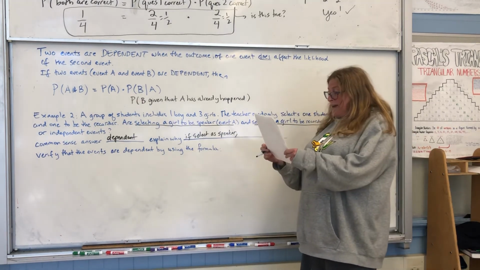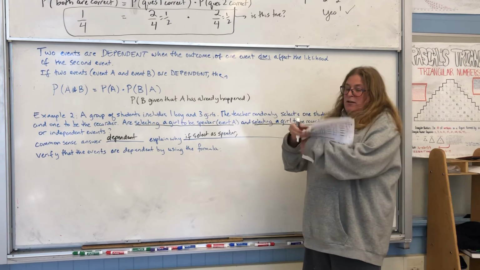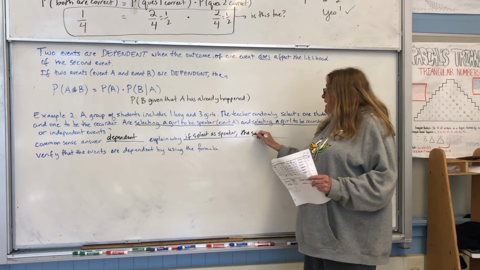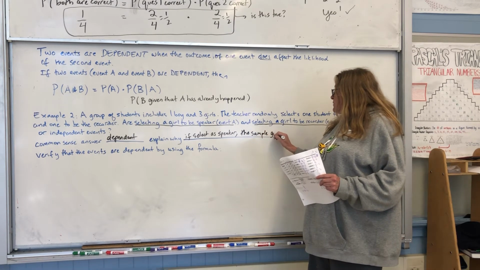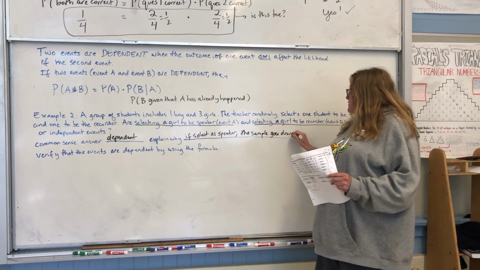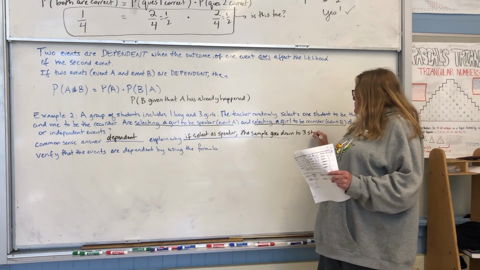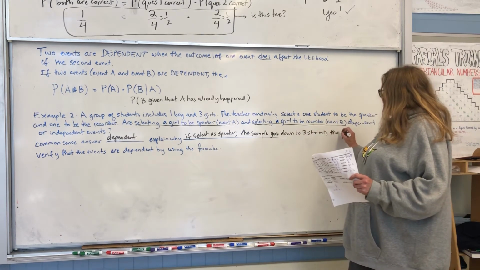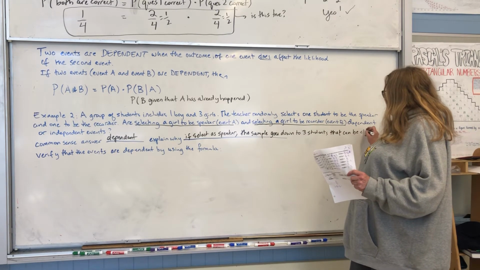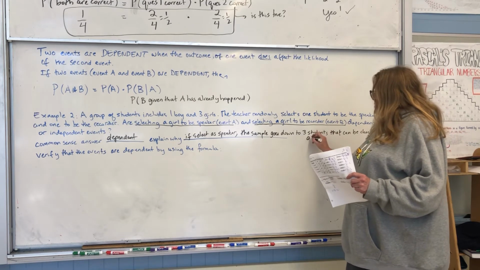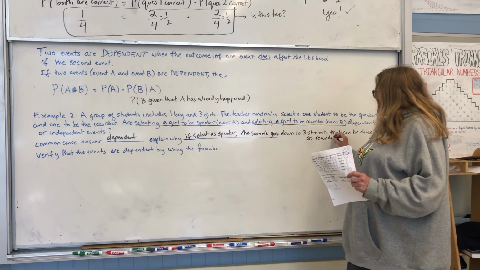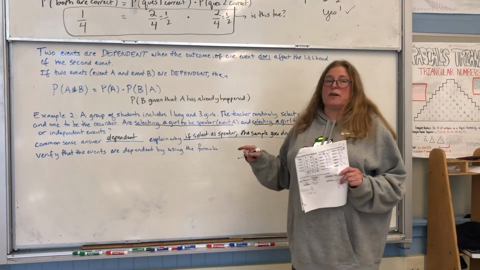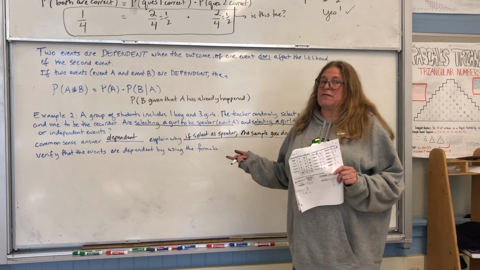So now the sample space goes down to 3 students that can possibly be chosen as recorder. Right, so we can tell here that it is going to affect things. If I pick a girl first, now there's only 1 boy and 2 girls left to be recorder.